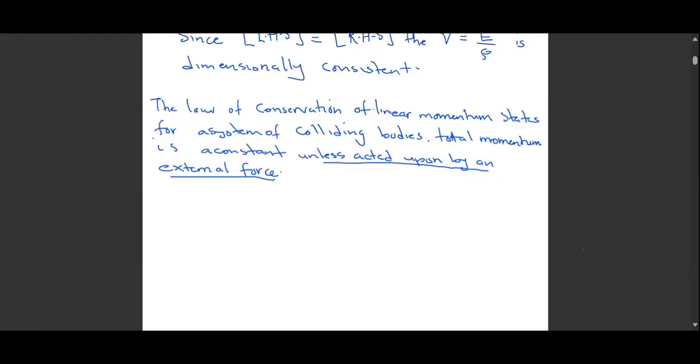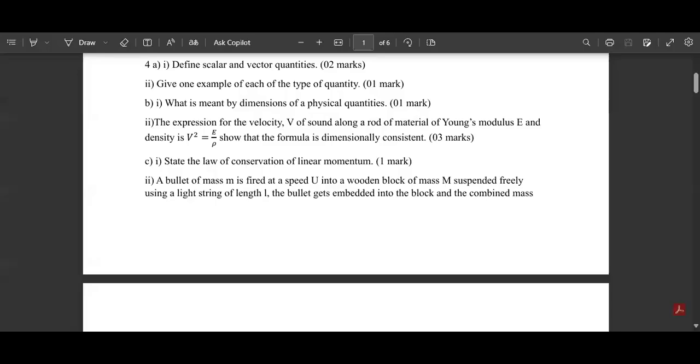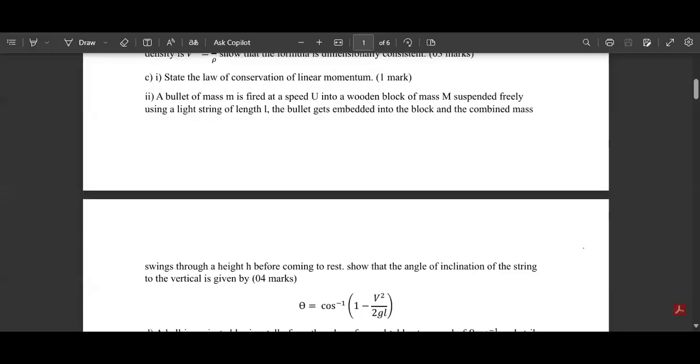Now, number 2 of part C, they are saying a bullet of mass m is fired at a speed u into a wooden block of mass M, suspended freely using a light string of length L. The bullet gets embedded into the block, and the combined mass swings through a height h before coming to rest.